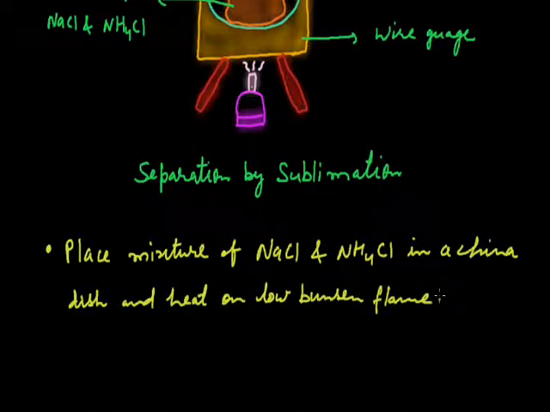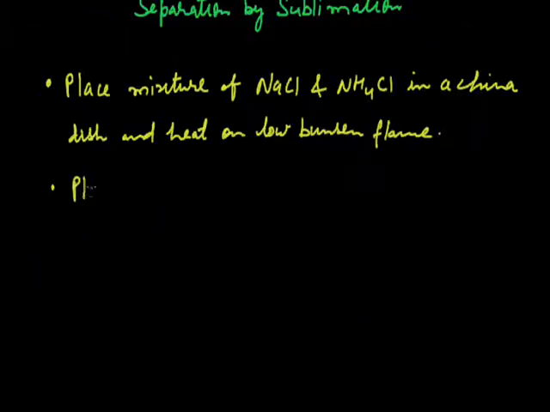A clean glass funnel in an inverted position should be placed over the china dish, and the mouth of its stem closed with cotton wool.